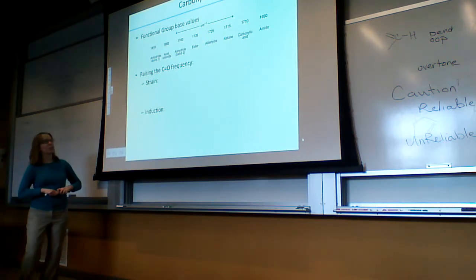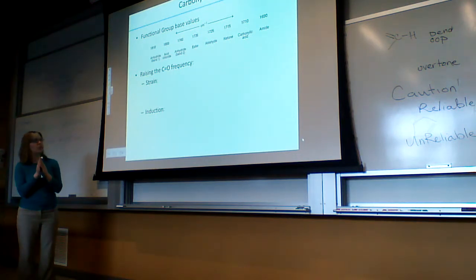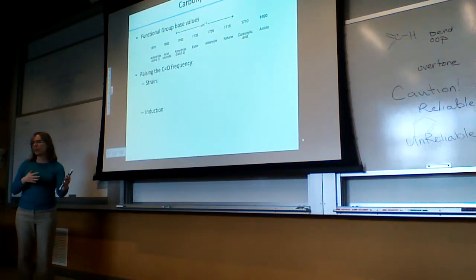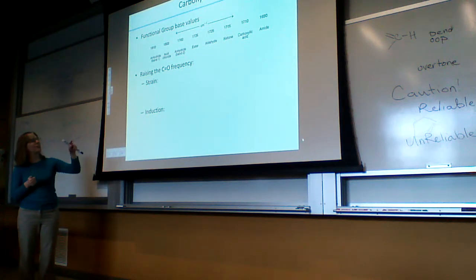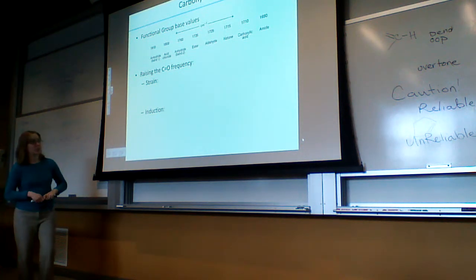What these base values are is for the simplest case of a ketone, without any additive effects, it's going to be at 1750. And that's actually pretty reliable within a couple wave numbers. If you're thinking you have a ketone, but it's showing up at 1750, it's either not a ketone, or something else is happening to shift it, well, not conjugation in that direction, but some type of strain or inductive effects to raise that stretching frequency.